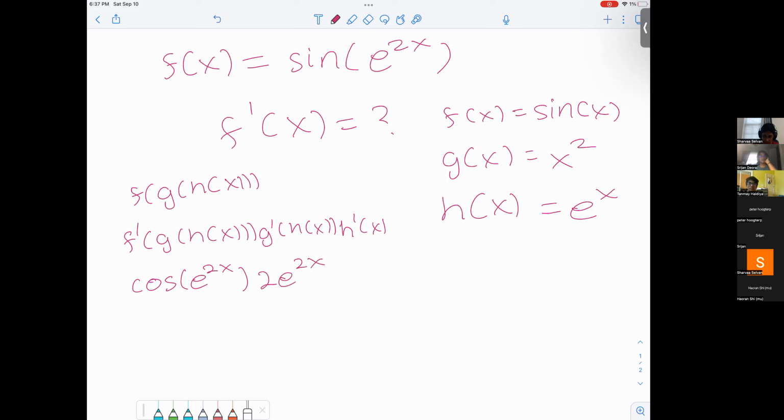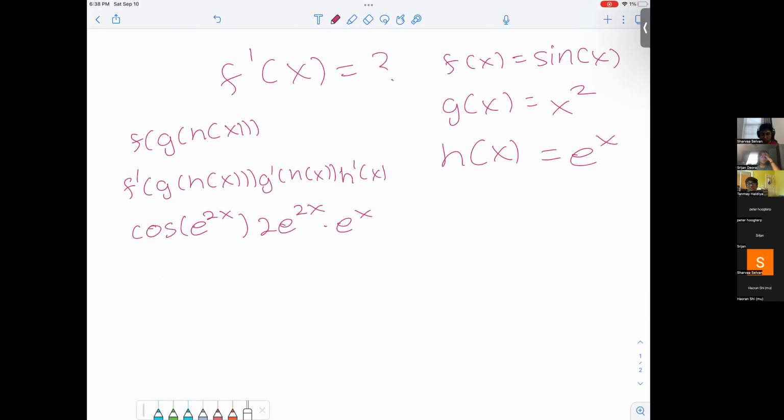And then finally, h prime of x, that's the derivative of e to the x, so you multiply times e to the x. If you expand this all out, you get your final answer. We can simplify it a little further if you want. You can write it as 2 cosine of e to the 2x times e to the 2x plus x.